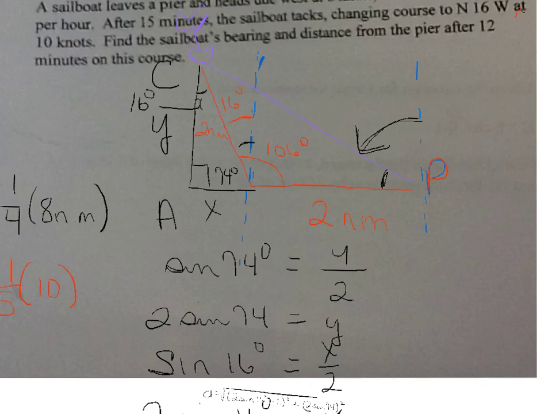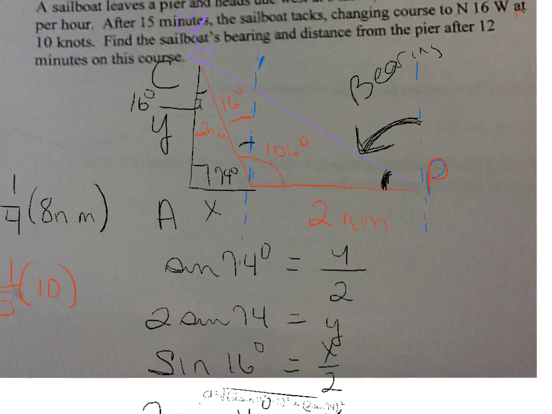Oh, okay. Why wouldn't it just be 16? All right, this is the angle I want, and in order to get this angle, I need to know what this angle is. I have to find this angle so that I can find this angle. This is my bearing.